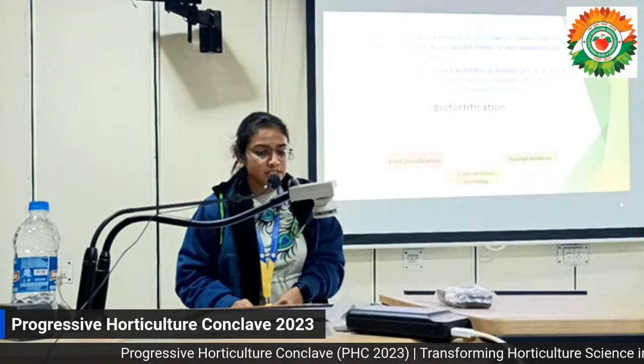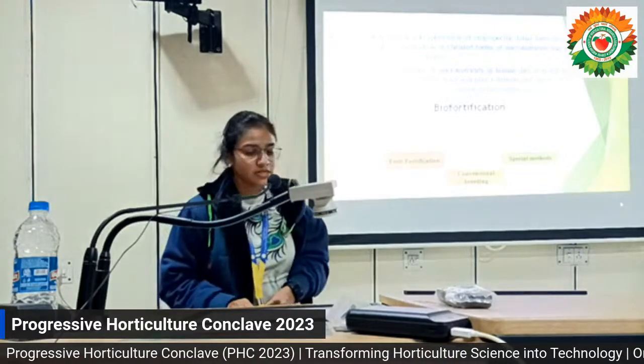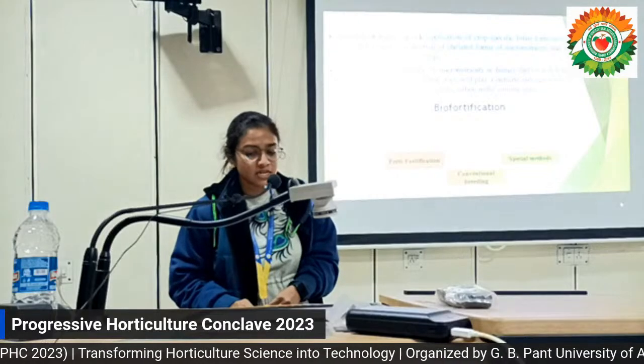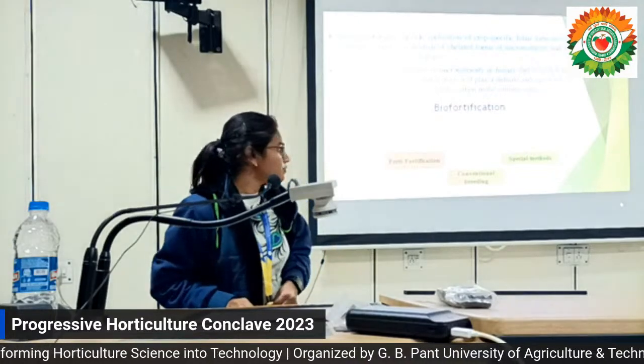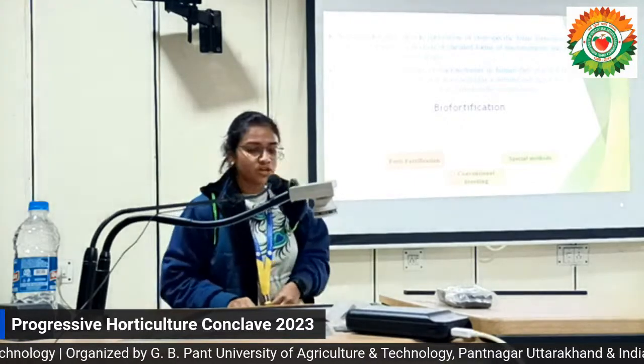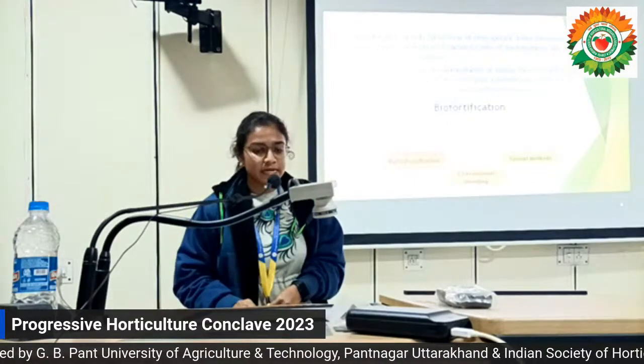There are 3 different methods for fortification: first is agronomical fortification, the second one is conventional breeding, and the third one is a special method. Among them, I selected the first one, that is agronomical practices.